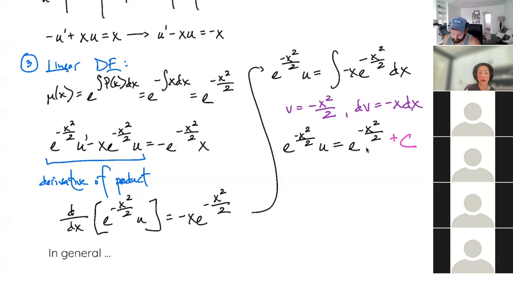So I might be able to write it in a more simple format. Right. In particular, the first term becomes a 1, and the second term becomes c e to the positive x squared over 2.